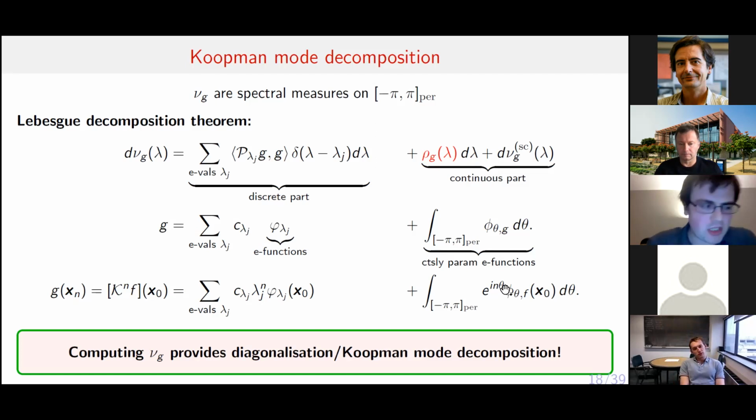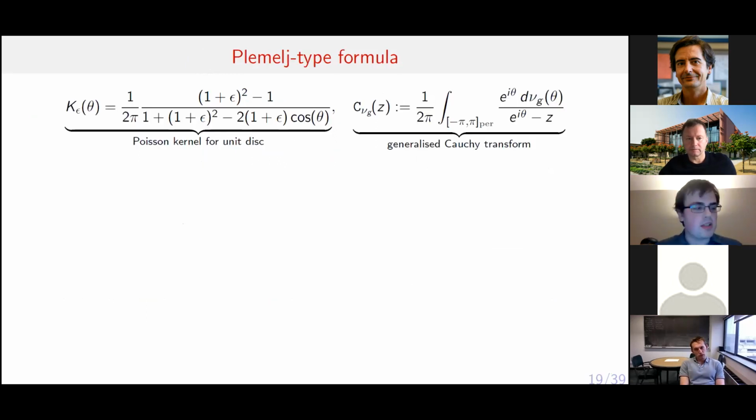So in other words, computing these spectral measures diagonalizes the Koopman operator and also provides you with Koopman mode decomposition. Okay, so it's really useful to be able to compute these. All right, so that's spectral measures. Now I'm going to show you a way of computing those spectral measures using a Plamelge type formula.